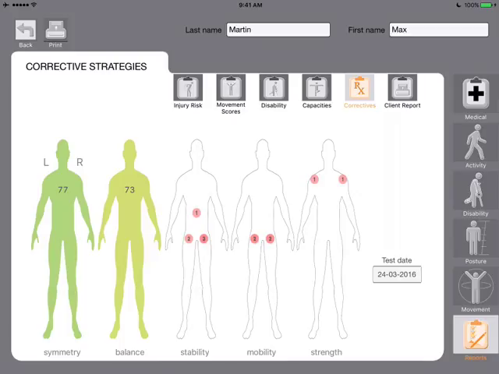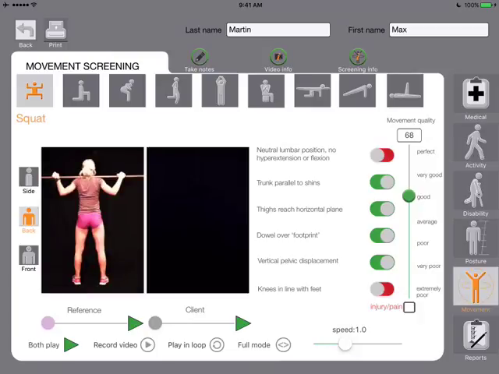So how do we do that? Well, each of the questions in our movements is also weighted for the type of capacities that affect them. For example, if we look at knees in line with feet, if the knees are not in line with the feet, that starts to affect the stability of the knees.